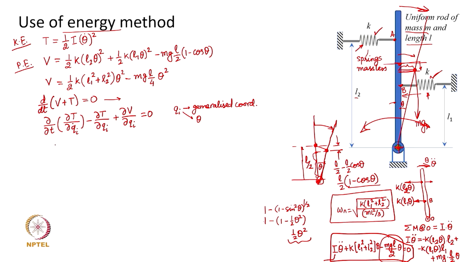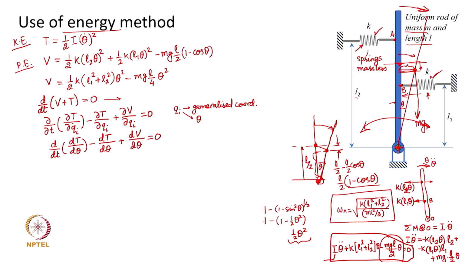I can write this equation because theta is the only coordinate in question. So, this is going to be d/dt of dT by d theta dot minus dT by d theta plus dV by d theta equal to 0.